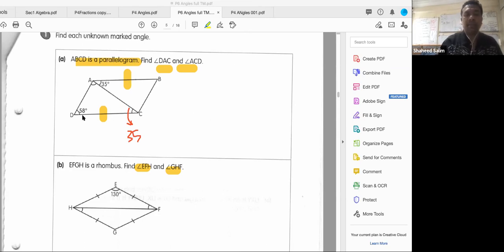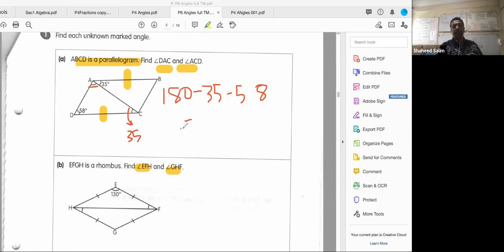Then take 180 minus 58 minus 35 will give you this, because this plus this is equal to 180, angles in a triangle. So you take the next step: 180 minus 35 minus 58. It's not 145. It is 87 degrees. Okay, 87 degrees. You try the next one.